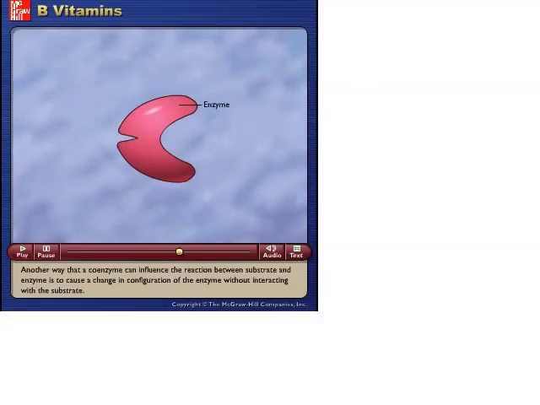Another way that a coenzyme can influence the reaction between substrate and enzyme is to cause a change in configuration of the enzyme without interacting with the substrate. Here you see the conformational change in the enzyme needed to configure the enzyme to accept the substrate in a lock and key complex. This is called an allosteric control.